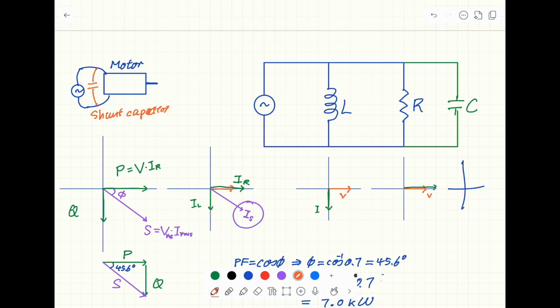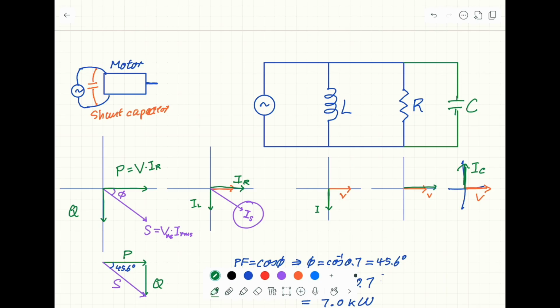So if we align the voltage of the capacitor to the R and L, the current of the capacitor must be drawn like this, IC.